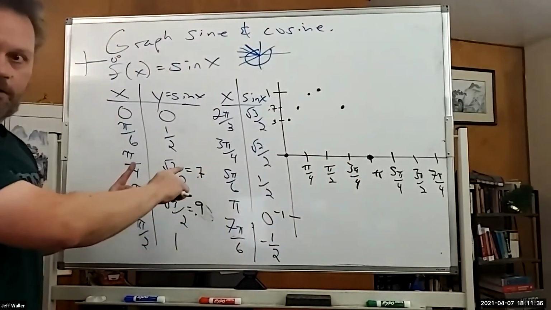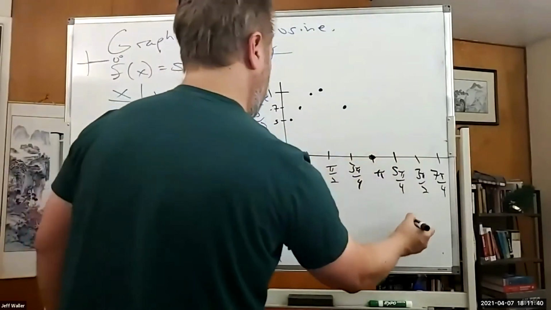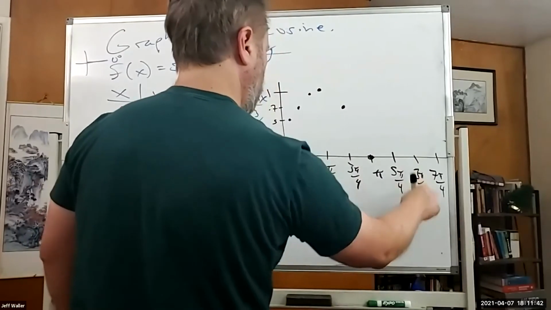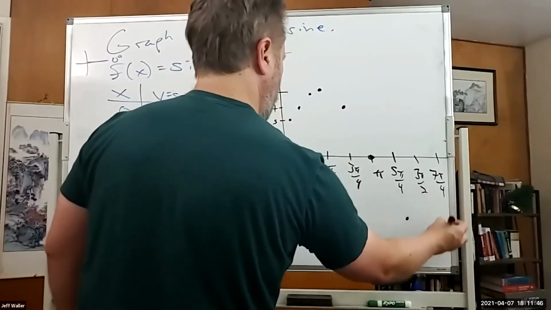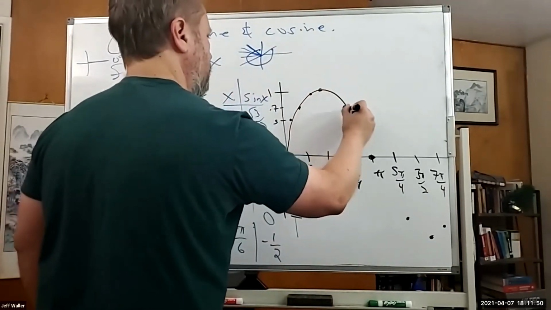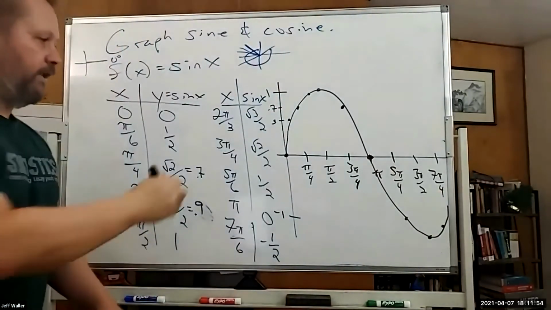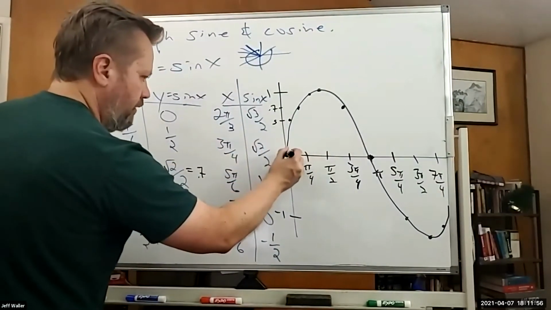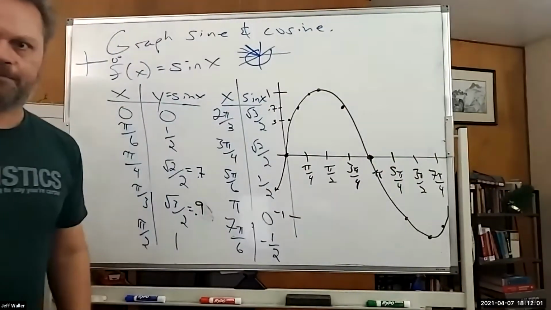You guys with me? Negative. So it's going to be negative 0.7, about right there. Then 3 pi over 2, it's going to be negative 1. 7 pi over 4 is going to be negative 0.7 again. So it's just going to kind of do this forever, right? And if you go back this way, same thing. It's just going to do this shape forever.